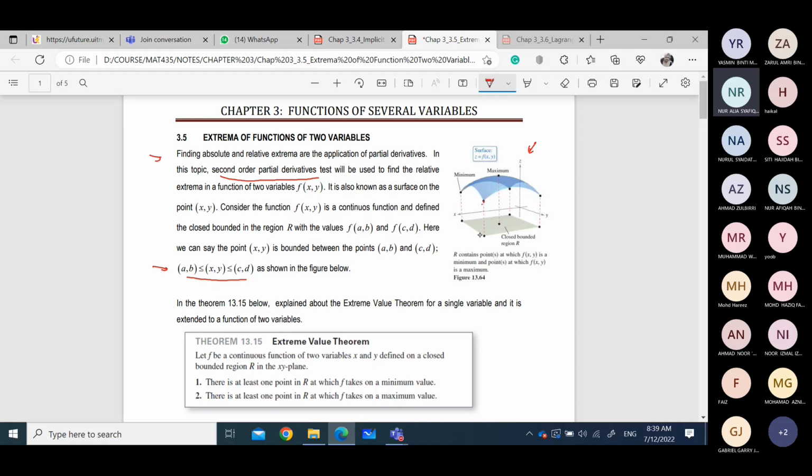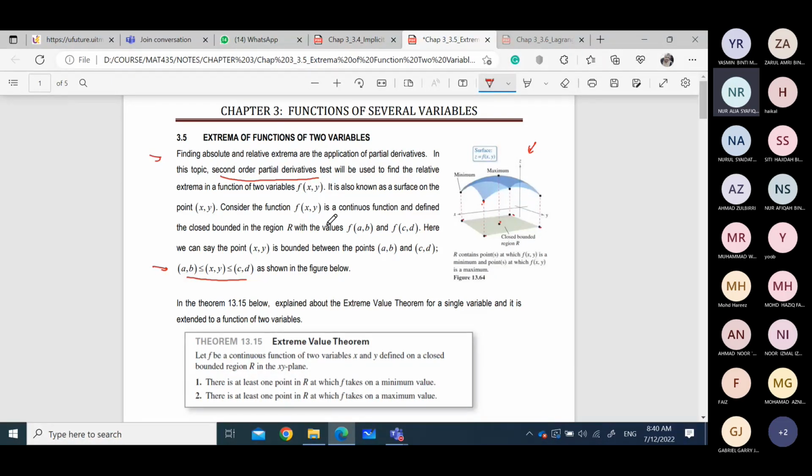They will lie on the plane, on the region. It means they fall on the points above this region, the grey one. Based on that we can find the minimum and maximum points on the surface. Okay, faham?